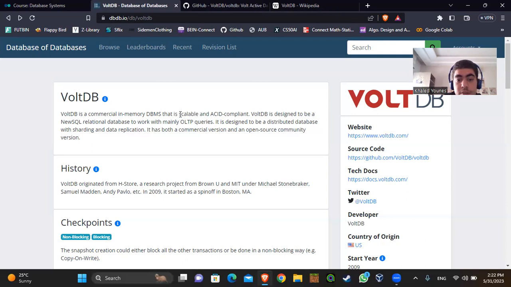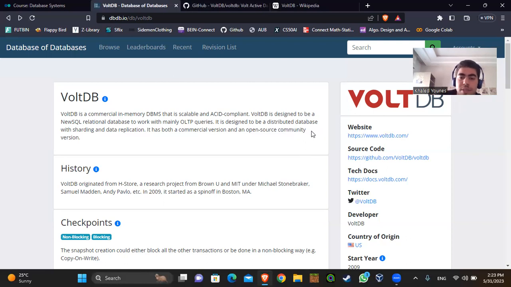So you can expand on your available nodes in your clusters. It's an in-memory database to work with OLTP queries, which are usually online transactions.